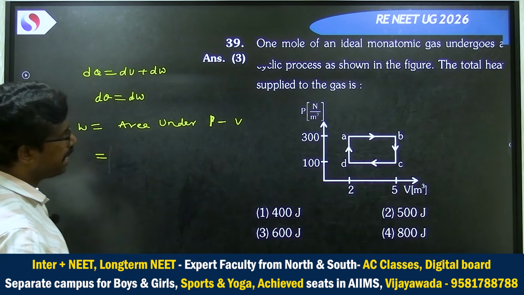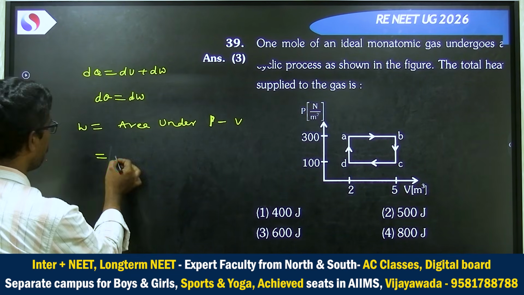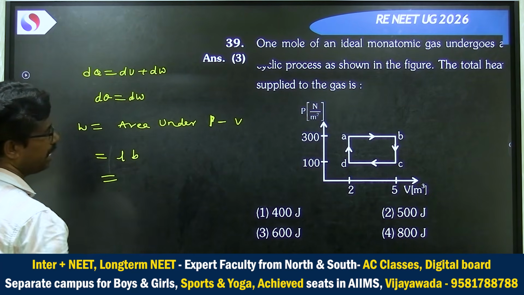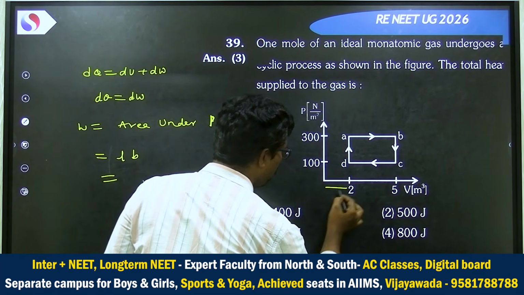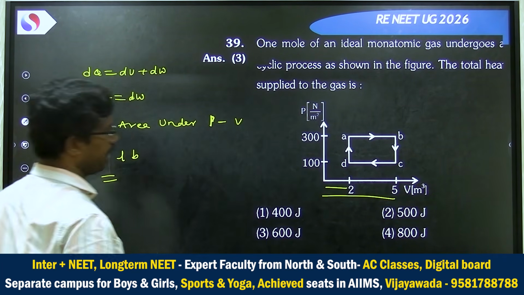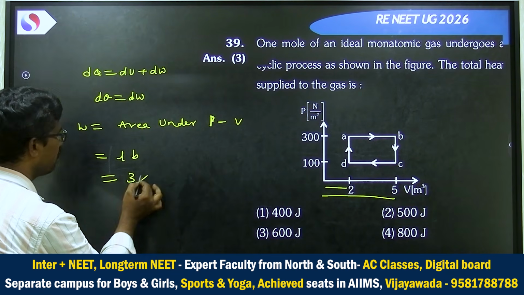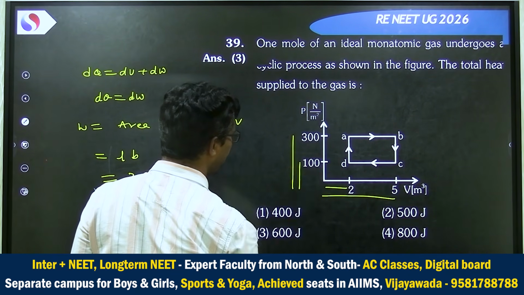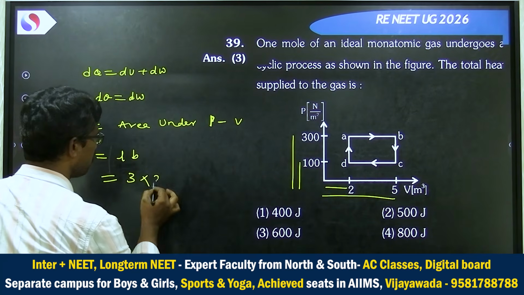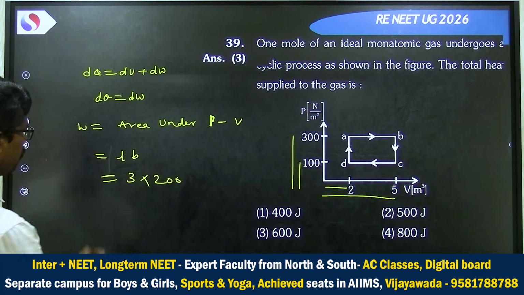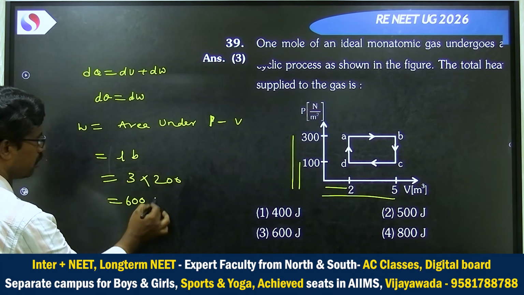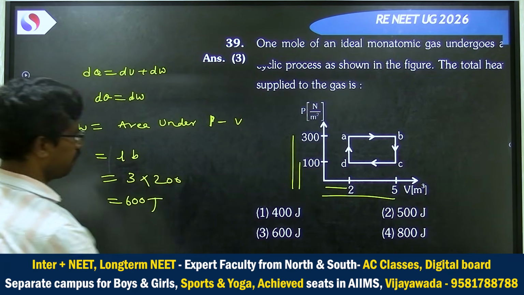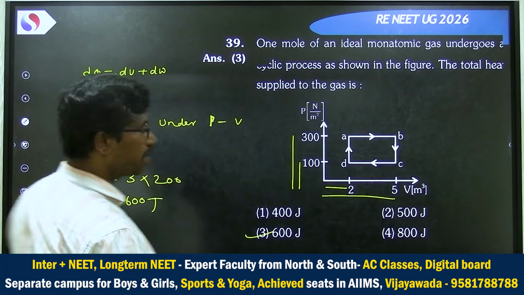This is a rectangle, so area is length into breadth. The length is 5 minus 2, the difference is 3. The breadth is 300 minus 100, the difference is 200. That is equal to 600 joules. Our answer is 3. Next question.